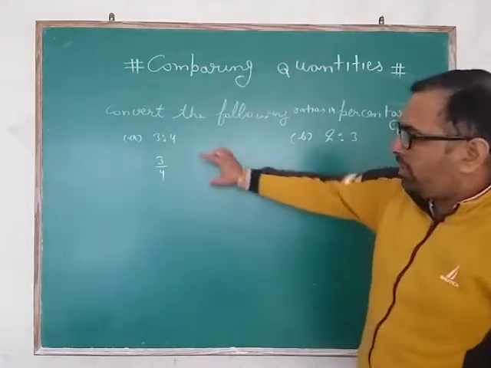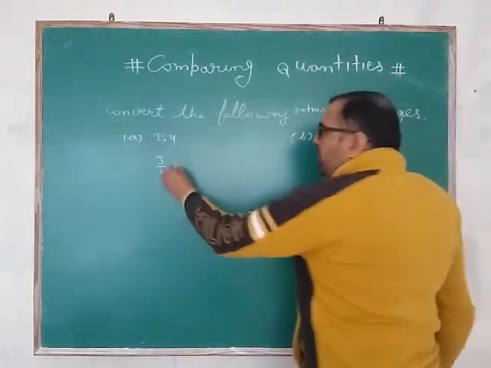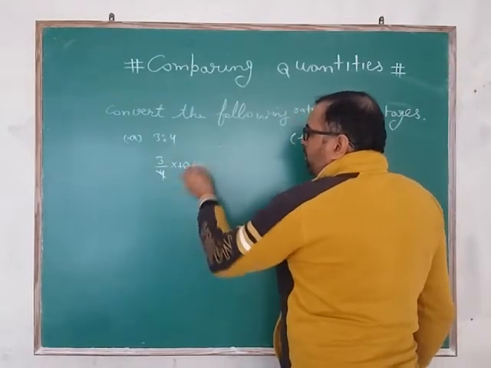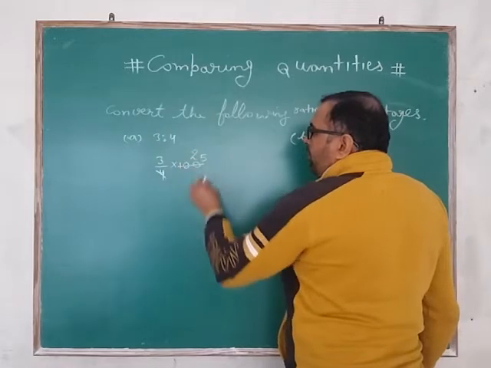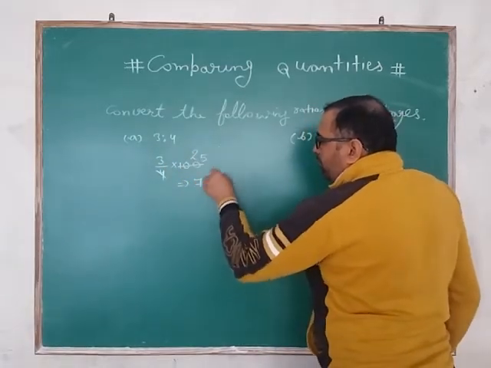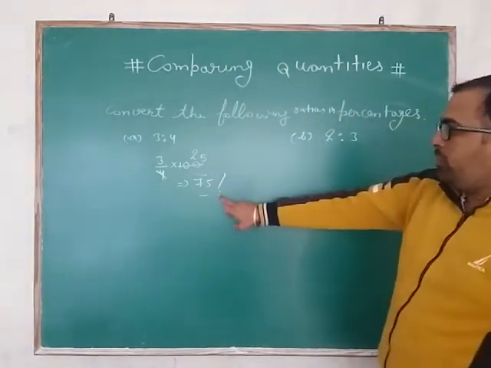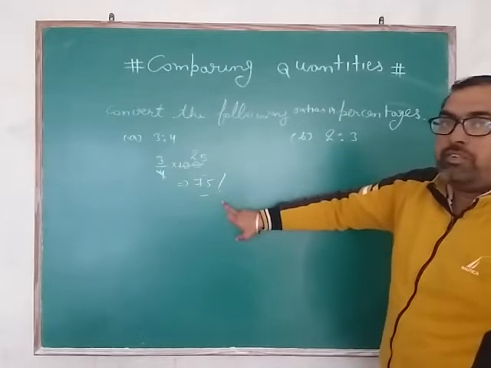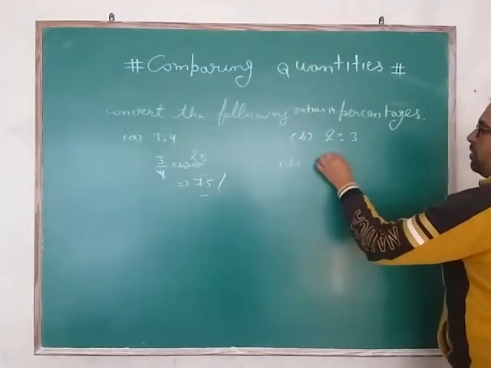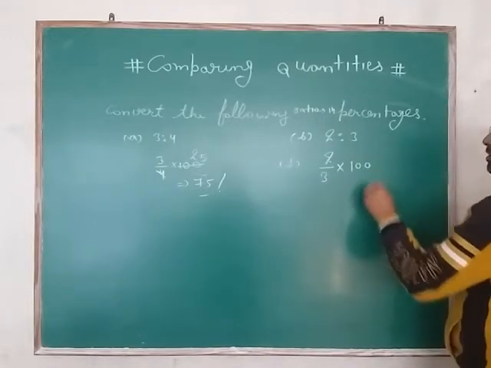If you want to convert any fraction into a percentage, you have to multiply by 100. After cancelling, the result is 75. So 75 percent; this symbol is necessary, 75%.